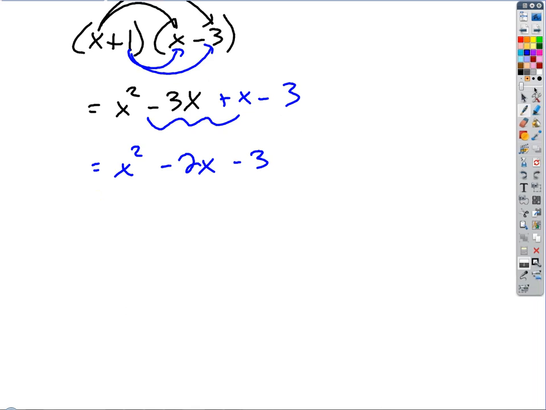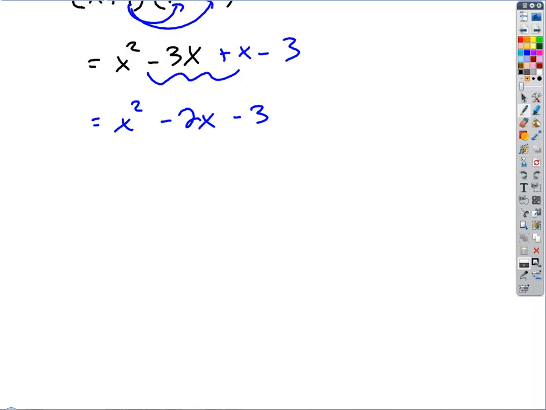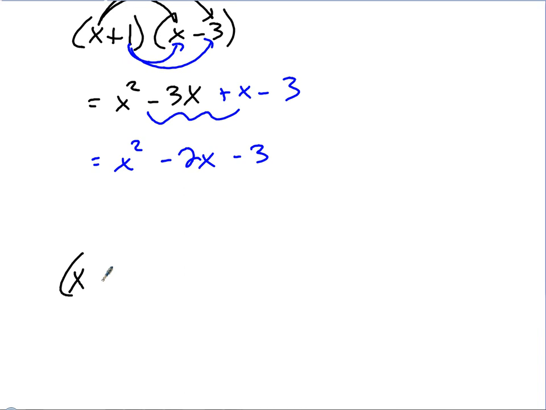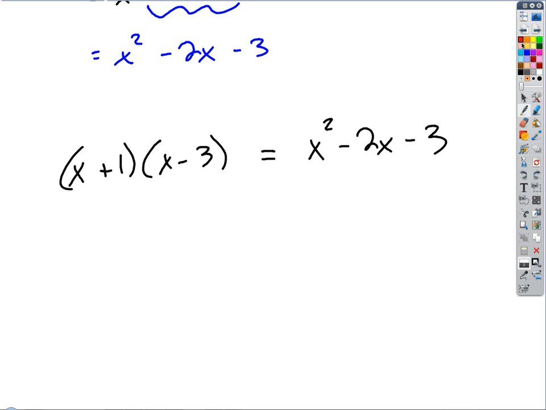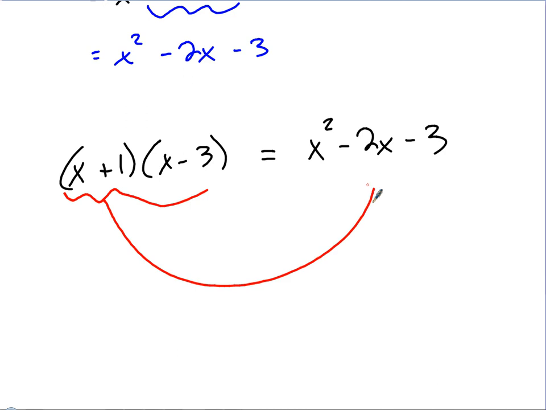We can take our quantity x plus 1 times the quantity x minus 3, and that's equal to the polynomial x squared minus 2x minus 3.